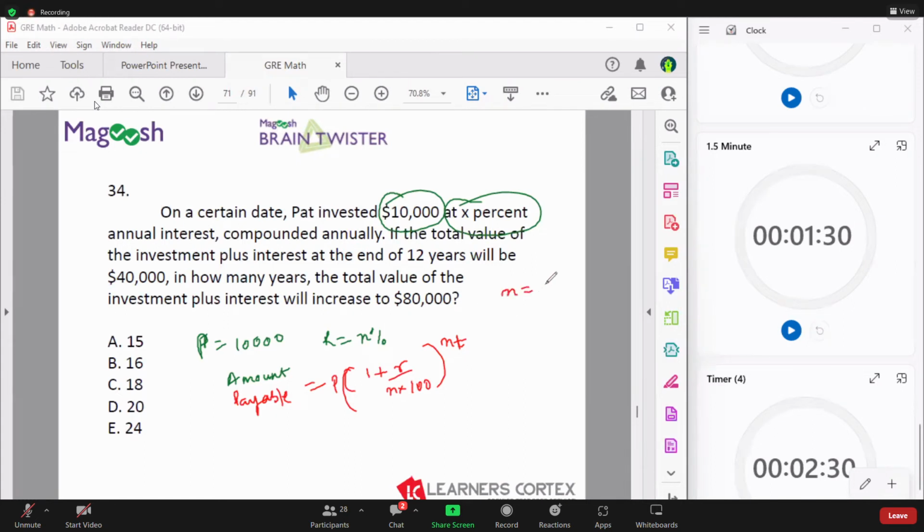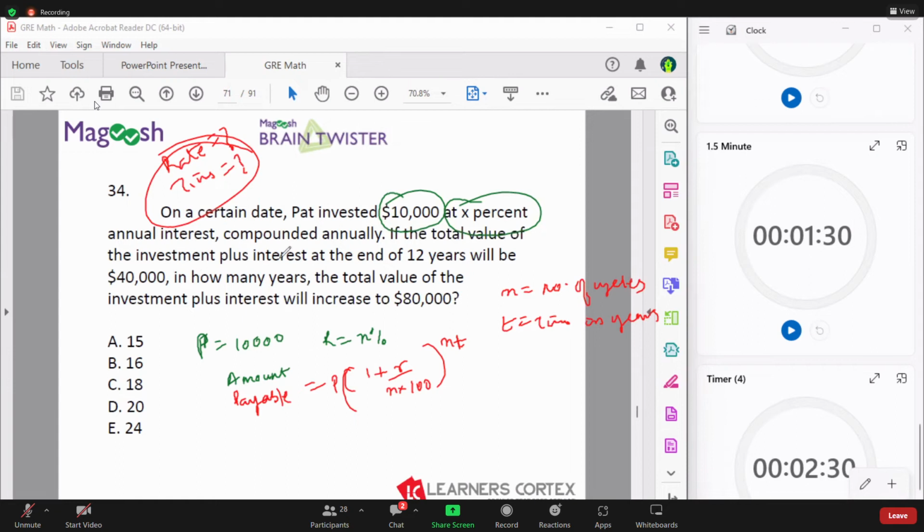Where n is the number of cycles in a year and t equals time in years. Okay. The thing is, there are two unknowns. We do not know what the rate is, and we also do not know what the time is. So we would have to take out the amount in terms of another term.